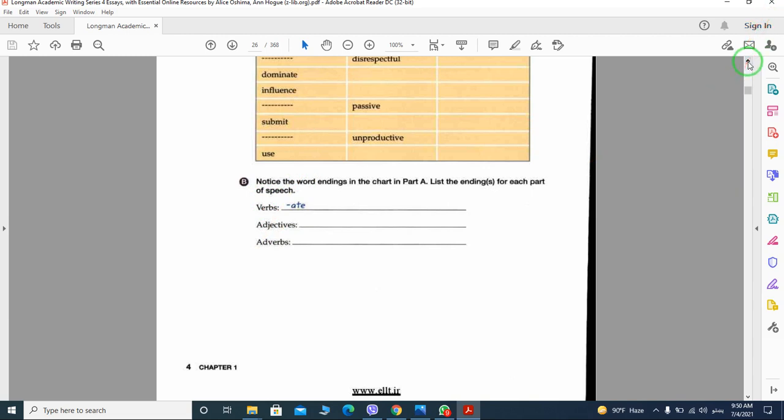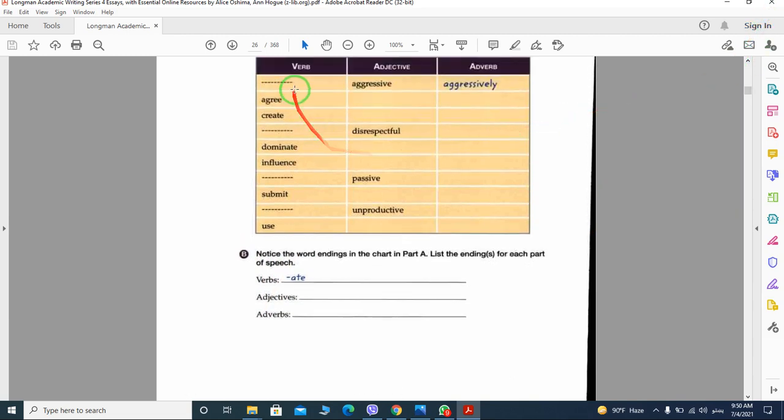For example, if you look at the adjectives, -ive for aggressive, -ive for passive, -ive for unproductive. So I can clearly see a pattern here, that some of the adjectives in the English language end with -ive. You can use those suffixes here. You should write them down so that you have a note about what the rules are.